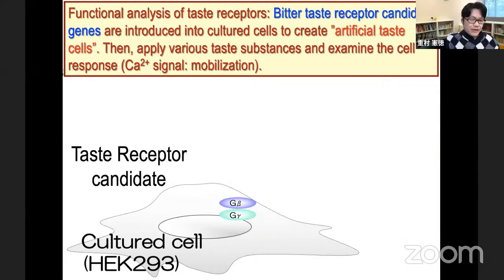To examine the function of T2Rs, a newly developed functional analysis was performed. Bitter taste receptor candidate genes are introduced into cultured cells to create artificial taste cells. Then various taste substances are applied and the cell response is examined, like this.